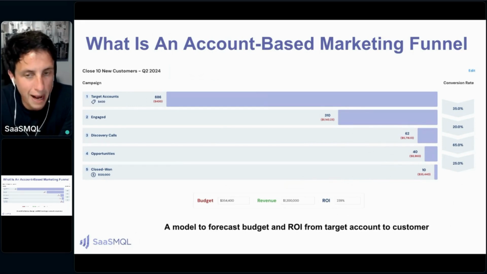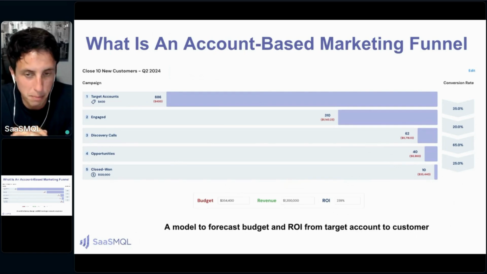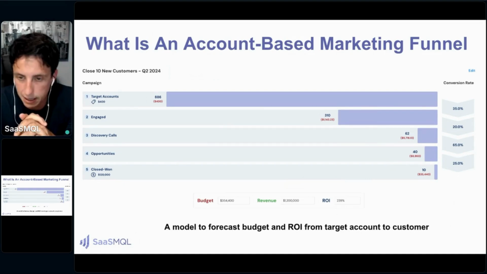but the important thing of this exercise is to try to be realistic with both the budget allocation and how many accounts you need to target, because this is a mistake I see too many times. If I want to close 10 customers and I'm targeting 20 accounts in a quarter, unless you are the best B2B marketers on the planet, converting 50% of your cold accounts into customers in one quarter at the enterprise level is pretty unrealistic.